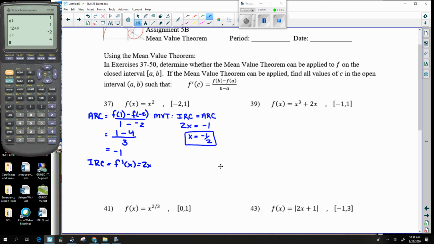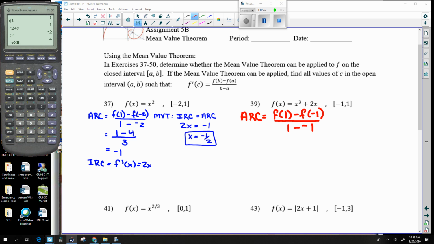Okay, so again, this next one is continuous and differentiable. So the average rate of change in this situation is f of 1 minus f of negative 1 all over 1 minus negative 1.